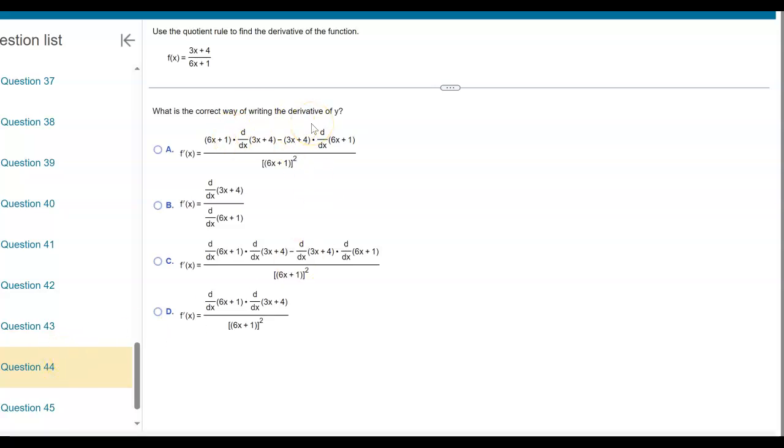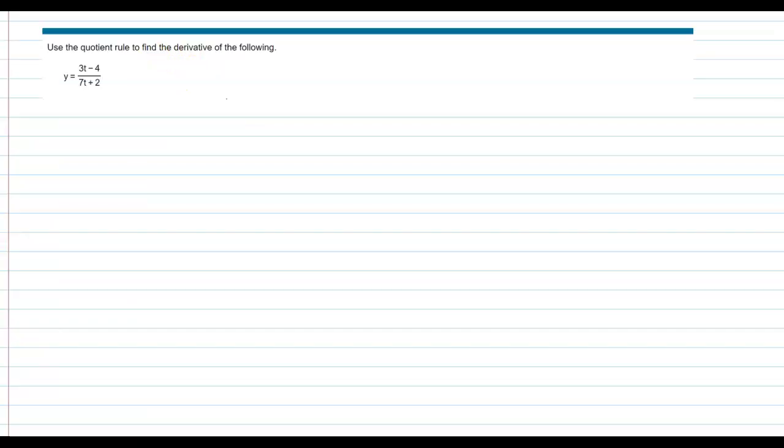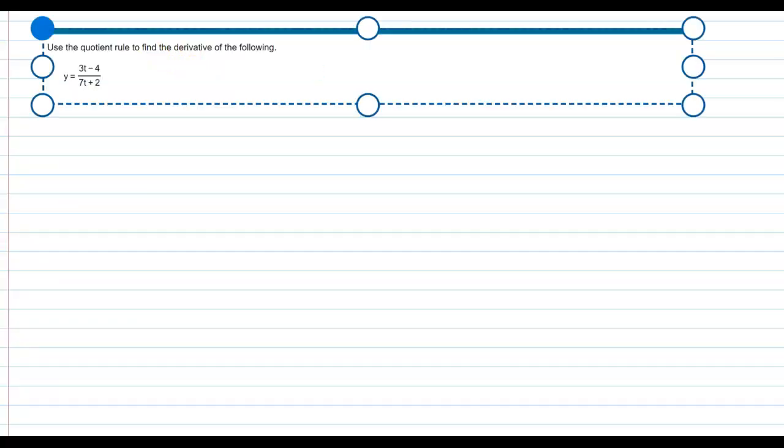Okay, now for quotient rule. For quotient rule, you will have to use the formula. Let's just look at another problem, okay? So here, let's use quotient rule to find the derivative of this function here. Okay, so what's the formula for the quotient rule?